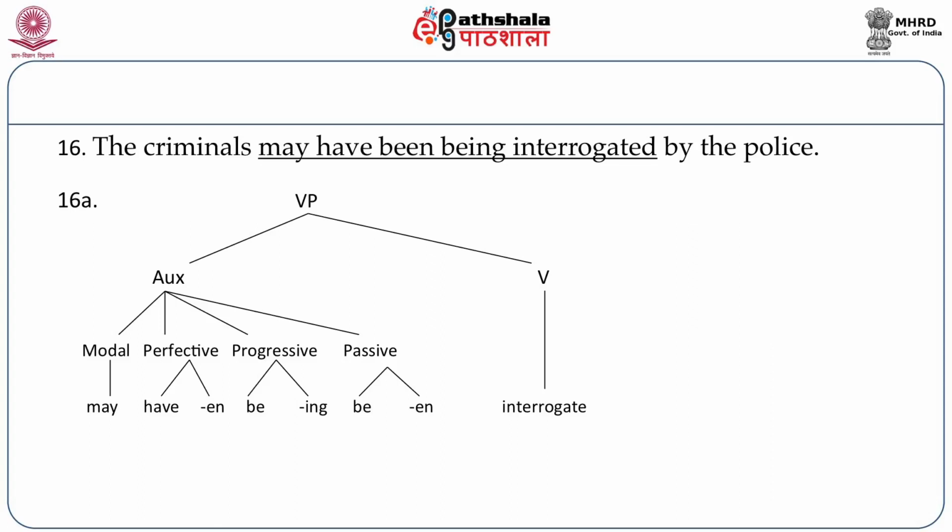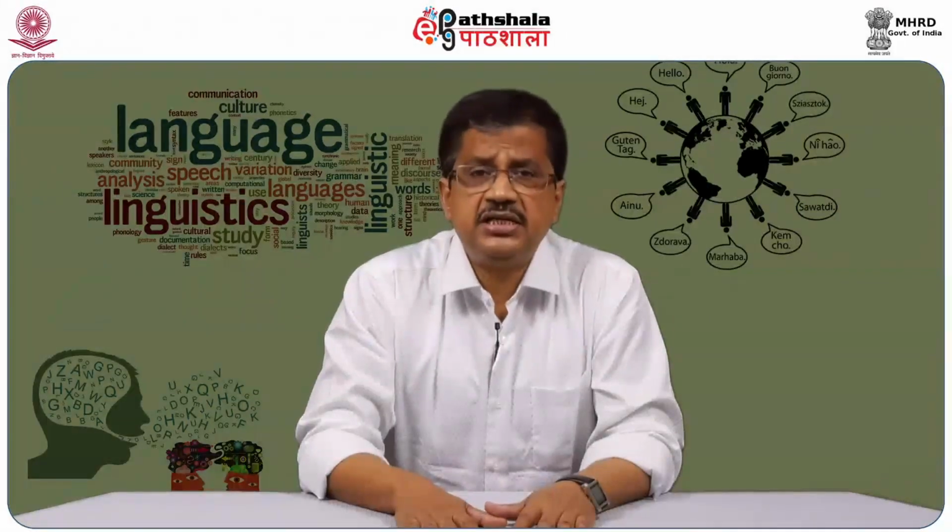Then we have the progressive marker which is be, and the suffix for progressive is ing. Then we have passive. Again, passive, as you know, is realized as a be verb plus an en suffix. So we have the be verb there and the en suffix, then the main verb interrogate.